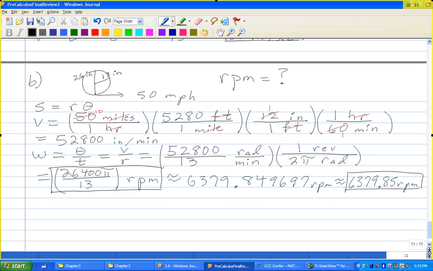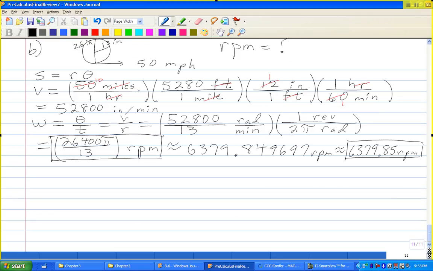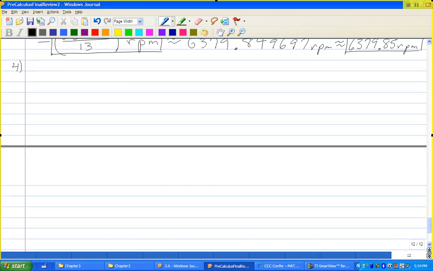Okay. Number 4. A point on the terminal side of the angle. Okay, so we're at (3, -4).